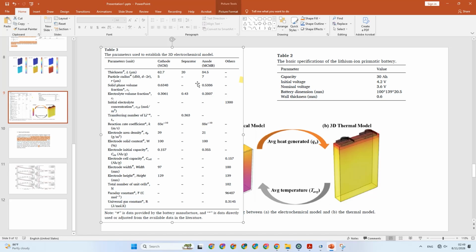This is 100, 139. What does it mean? 129.